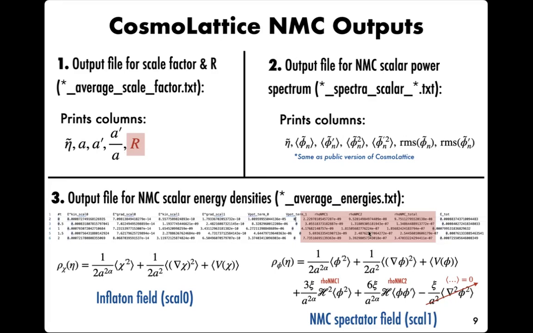There you have not only the usual kinetic, gradient, and potential terms for the different scalars, but now you also have these additional pieces that arise for a field that's non-minimally coupled. These additional contributions to the energy density, rho phi, are these terms down the bottom here, which I've labeled NMC1 and NMC2.